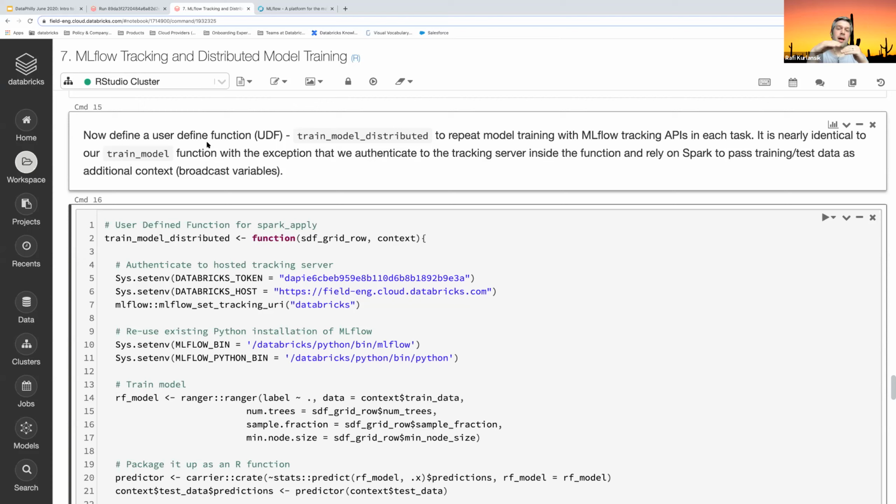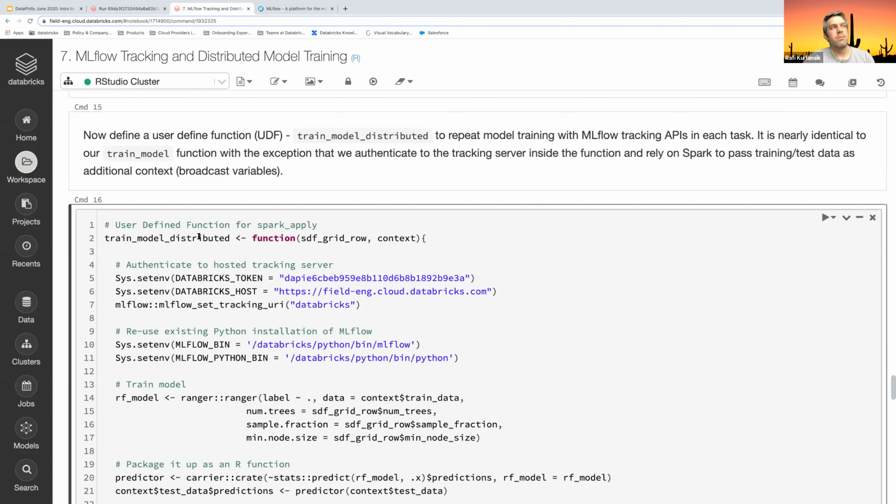Then we can apply a user-defined function that will take each row, run our training code with the MLflow APIs, and log that to the tracking server. So you can explore massive spaces of parameters much faster. It is a grid search, kind of brute force approach.